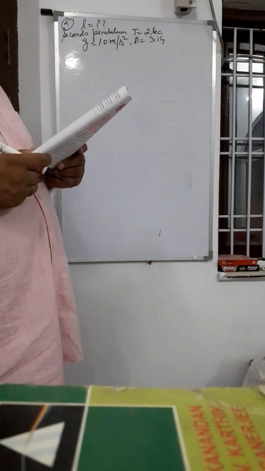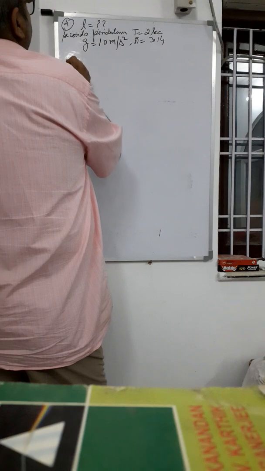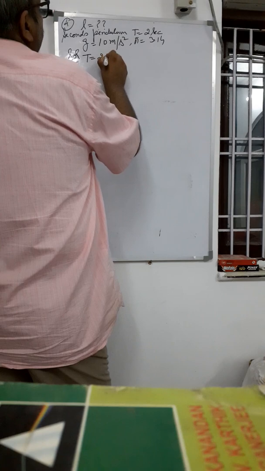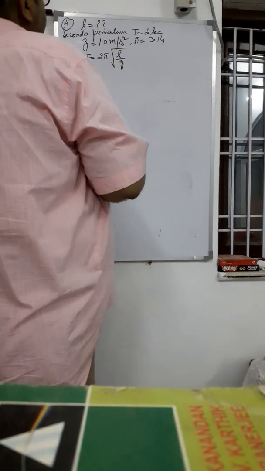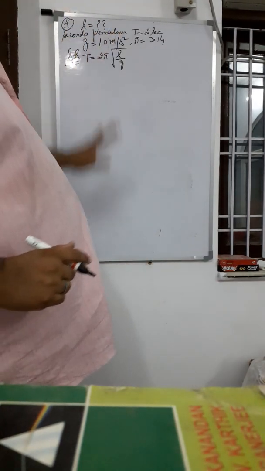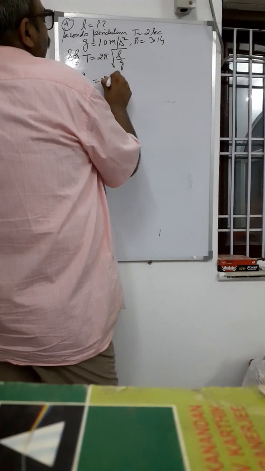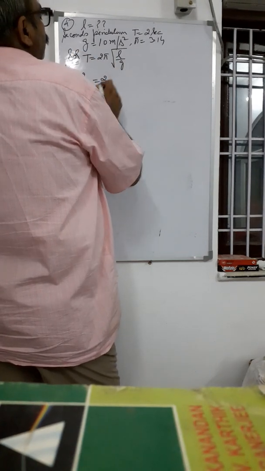T is equal to 2 pi under root L upon G. So solution from here, T is equals to 2 pi under root L upon G. Time period they have given 2 seconds because of simple pendulum.